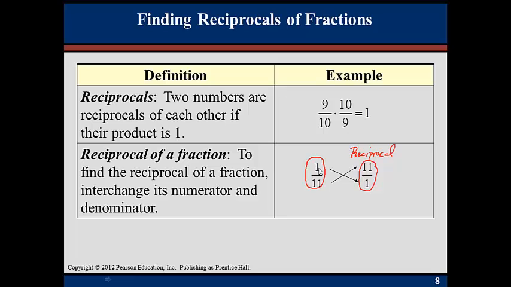When you multiply fractions together that are reciprocals, the product will equal 1. So 1 over 11 times 11 over 1: 1 times 11 is 11, divided by 11 times 1, which is 11, and that turns out to be 1. So to find the reciprocal of a fraction, just flip it upside down.